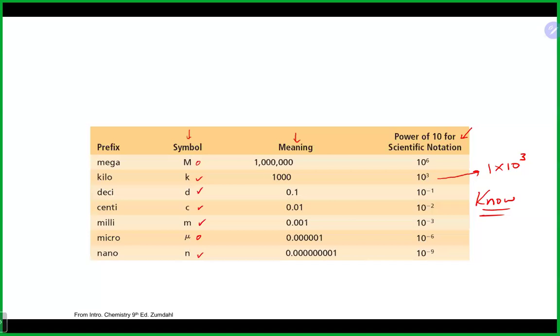For example, if we took kilo, we see it's 10 to the 3, which once again is 1 times 10 to the 3. What that means is, when you look at a prefix like this, that 10 to the 3 is how many there are in the base unit to one of the prefix units.